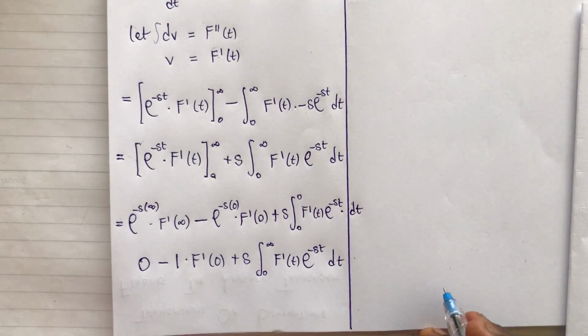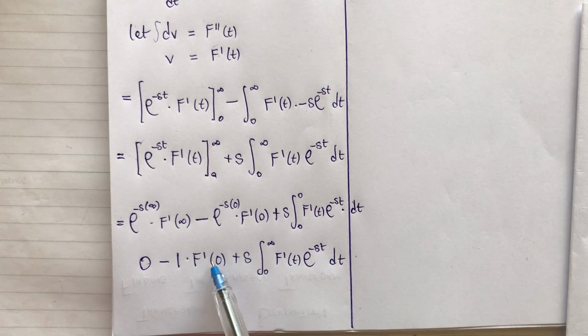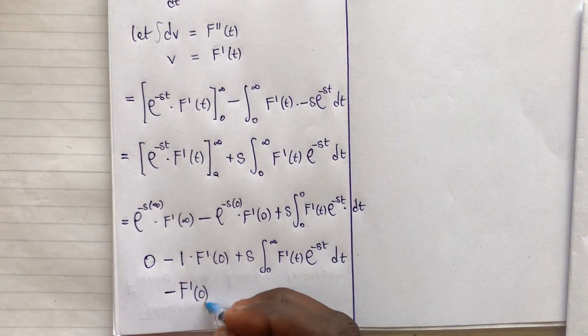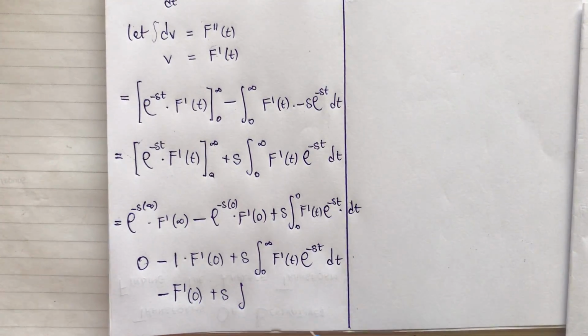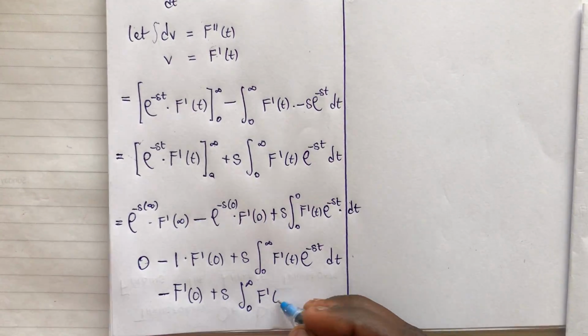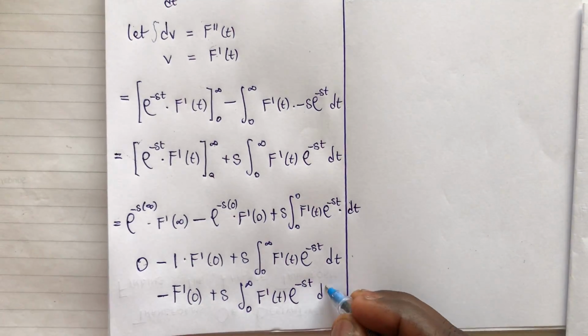Okay, now since we don't need this 0, we can get rid of it. We can use this to multiply the 1, and the result becomes minus f bar of 0 plus s integral from 0 to infinity f bar of t e^(-st) dt.